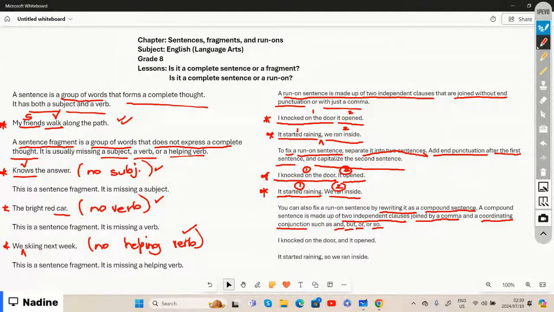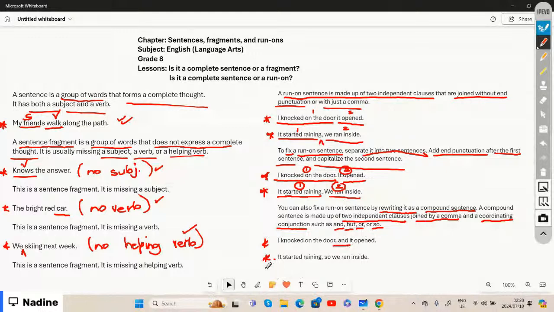And if we look at how we can rewrite it into a compound sentence, this is the very same sentence that we used. I knocked on the door, it opened, or it started raining, we ran inside. So we can write it as a compound sentence, joined by a comma as well as a coordinating conjunction, either and, but, or so. By saying, I knocked on the door, comma, and it opened.